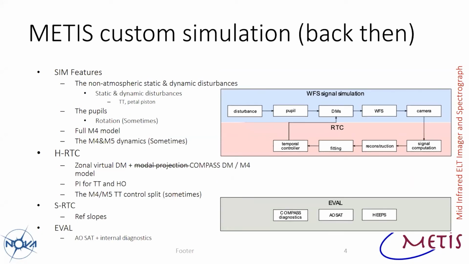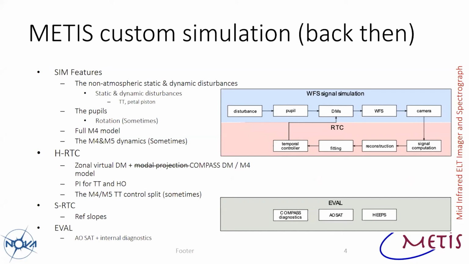Some of the results I present today were derived as we are now in the run-up to final design review, with a simplified setup that was not as complete as it is now. So we didn't have the CCS. The AO simulation was a bit shorter.